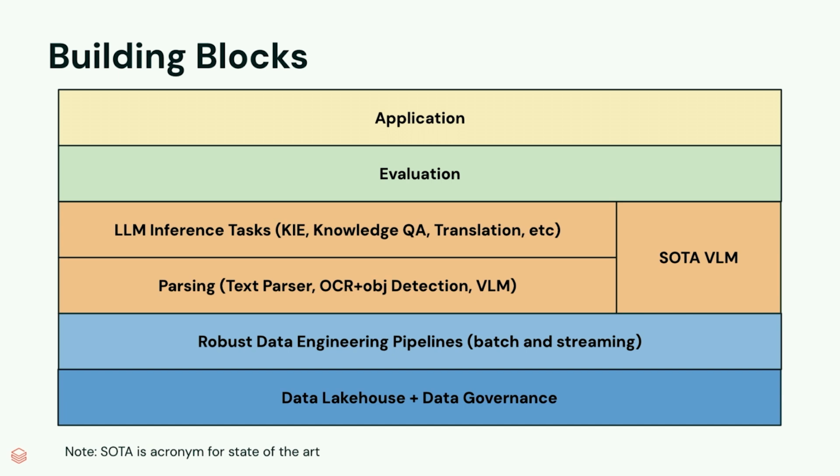And more importantly, you can discover them. You can find the lineage. Say if you transform unstructured data into structured data, you want to know where that data is coming from. Then on top, you want very robust data engineering pipeline capabilities with serverless compute that support batch, real-time, or streaming jobs.